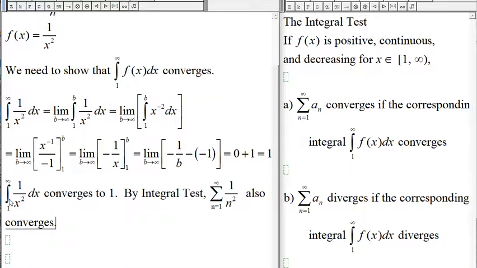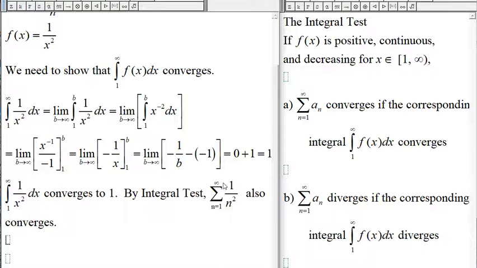Now, the integral converges to 1. That does not mean that the sum here is equal to 1. It just means that the series converges to some finite number, but it's not 1. And so we want to know what that finite number is.